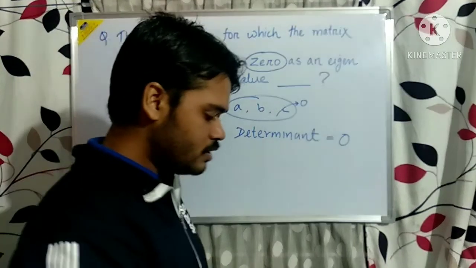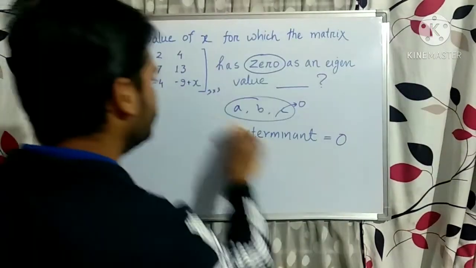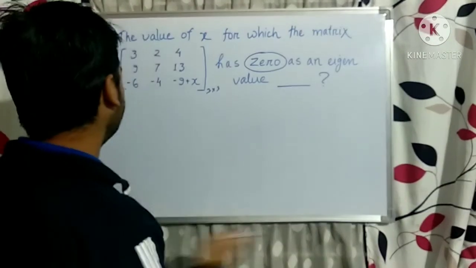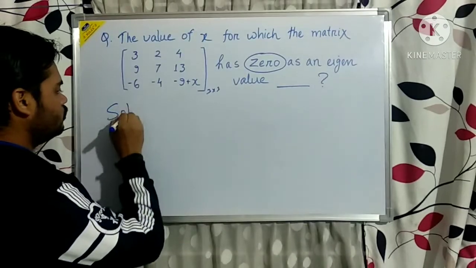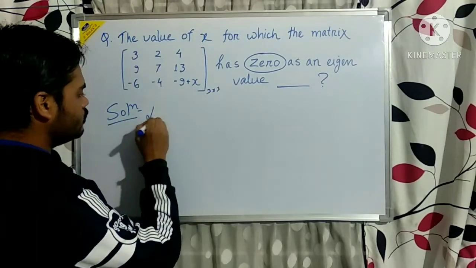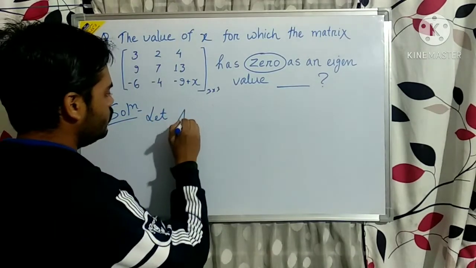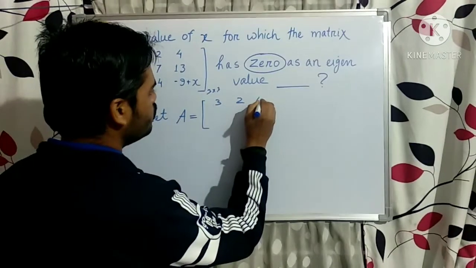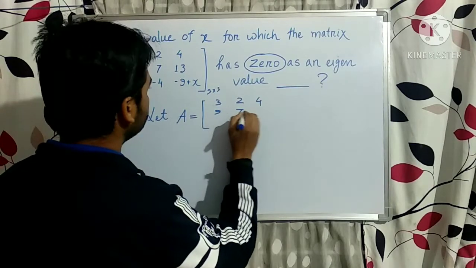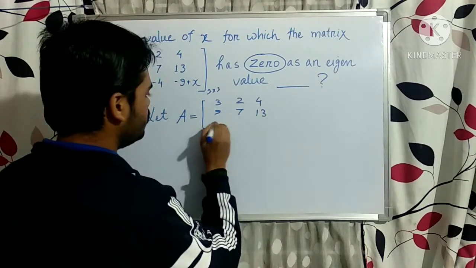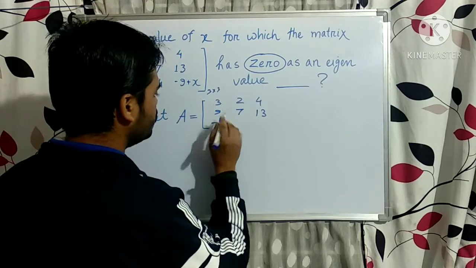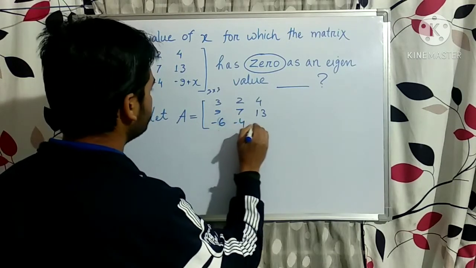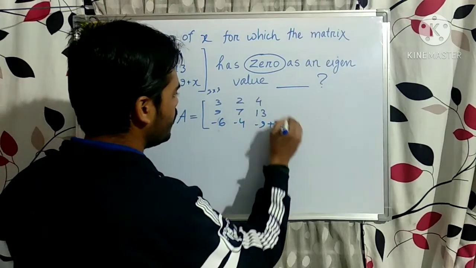So let me solve the question here. Solution. Let A be the matrix 3, 2, 4, 9, 7, 13, minus 6, minus 4, minus 9 plus x.